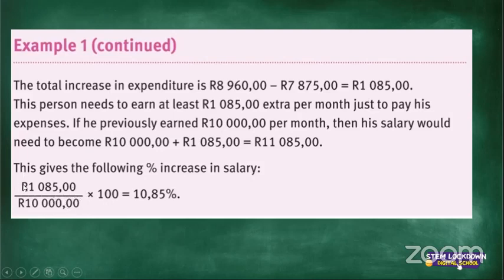This is what we have here at the top, the numerator. This is over the current salary, multiplied by 100. So the increase in expenditure divided by the current salary multiplied by 100% would inform us by how much the salary should increase, because the expenses have increased by this much.